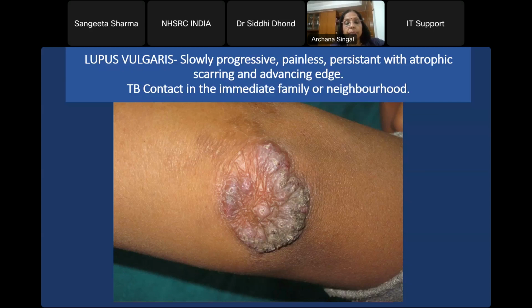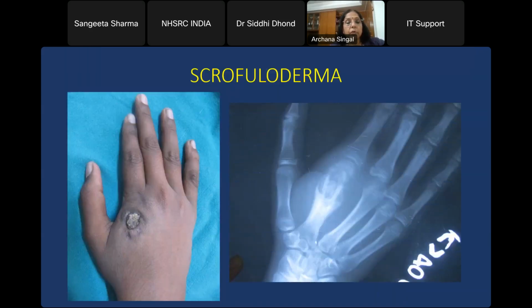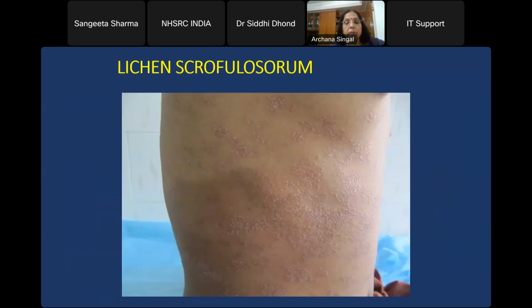Next. And this is scrofuloderma when bone is involved. So you see, it looks like a very small lesion, but there is underlying destruction of the bone. Still asymptomatic, no symptoms. Next. And this is again lichen scrofulosorum, an asymptomatic papular lesion, which can also be a manifestation of cutaneous tuberculosis. Next.